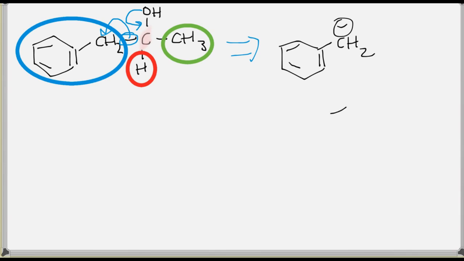And in addition, I am making the carbonyl. We're going to see there's always going to be a carbonyl with the alcohol disconnection. That's what you're adding your organometallic to. So what does that carbonyl look like? Well, the H is still on there and the CH3 is still on there.